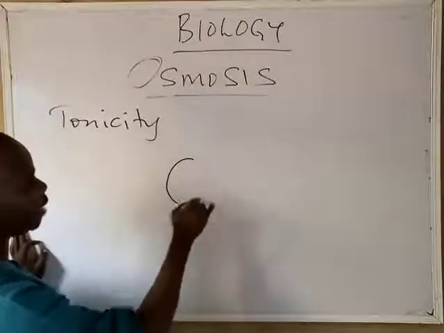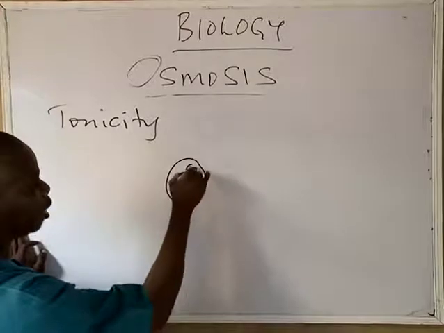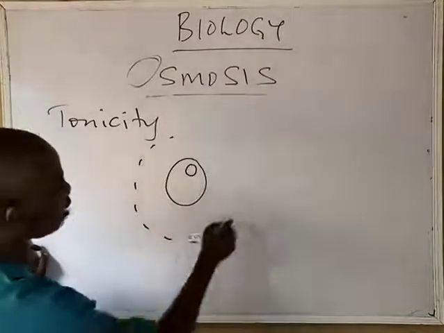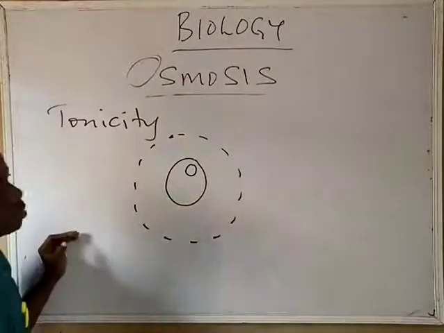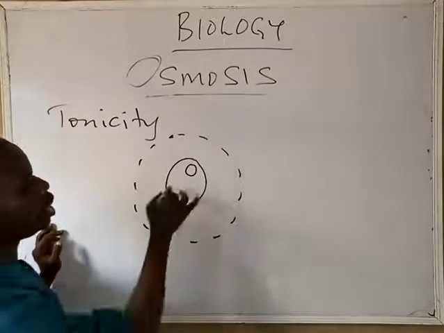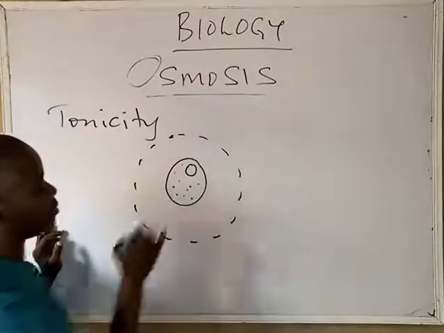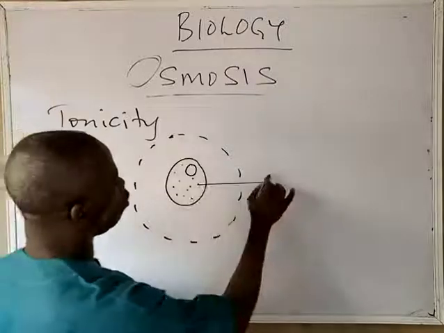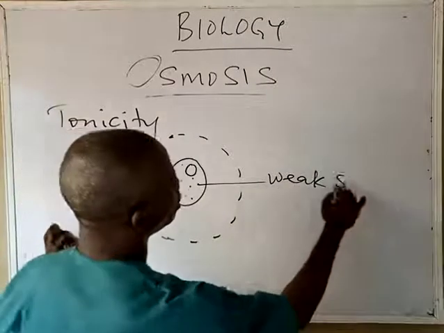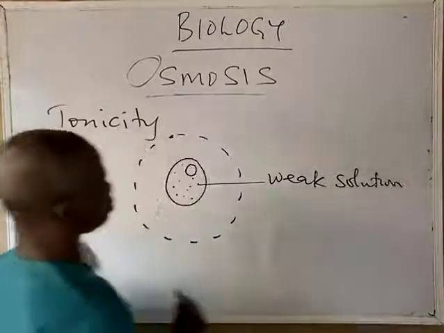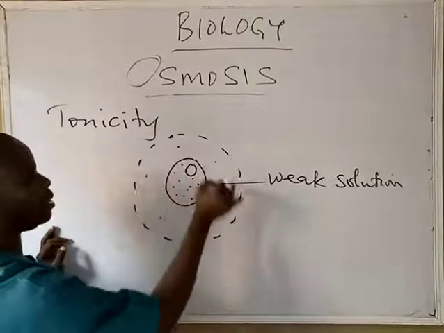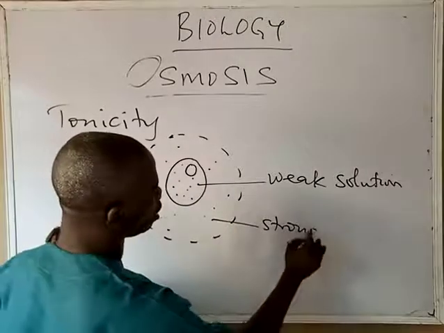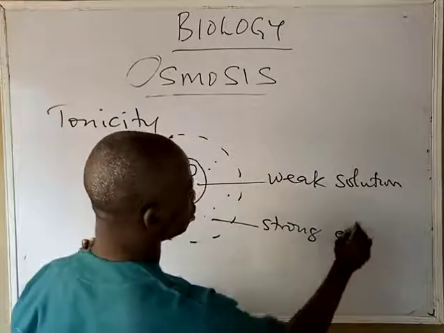if this is a cell with its nucleus and cytoplasm, and this cell has a surrounding, if the inside of the cell has a weak solution and the surrounding of the cell has a strong solution.